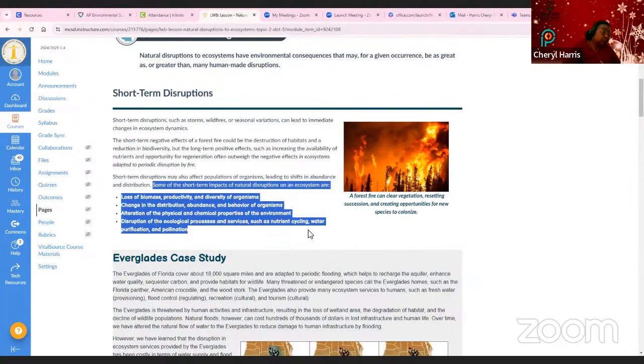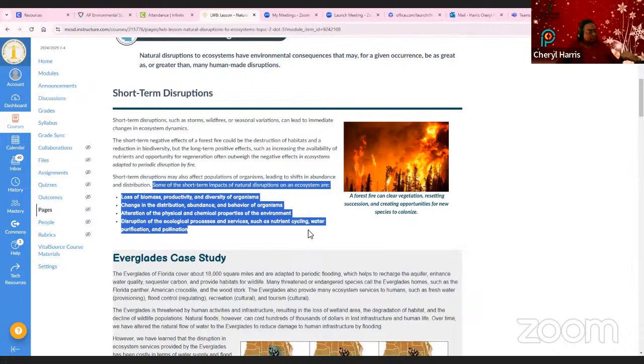A lot of the cattle and crops were destroyed during these kinds of natural disasters, which leads to what's going to show up at the grocery store. And because there's a little bit available, they tend to jack the prices up on what they do have. Alteration of the physical and chemical properties of the environment.